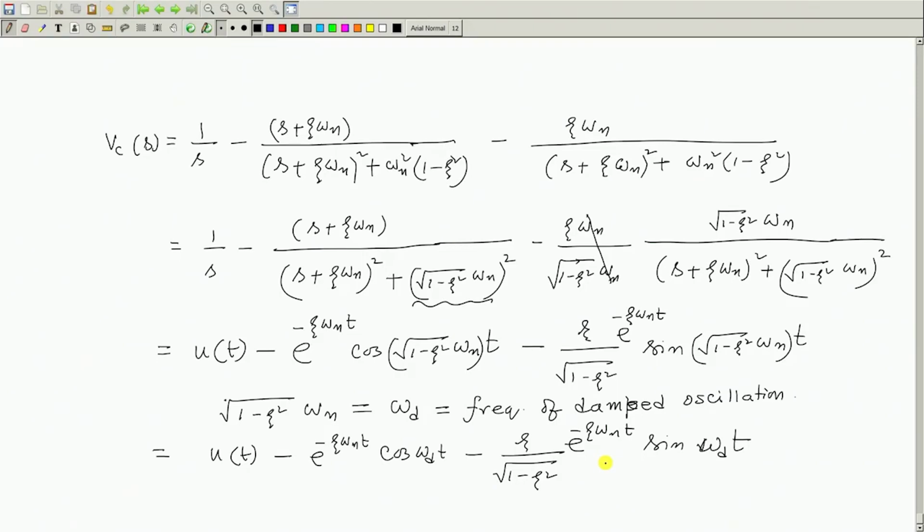Now, what you do is this, you can take root over 1 minus zeta square common. So, this expression can be written as this one.